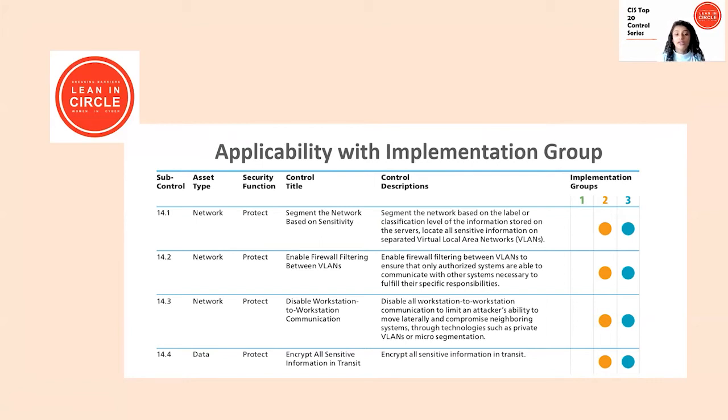So that's why the third protection mechanism, or the control, is talking about disable workstation to workstation communication. Why?